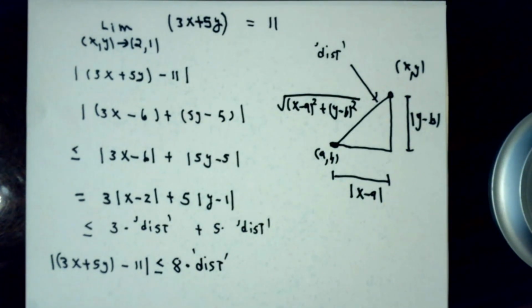So if someone were to give me an epsilon that was bigger than 0, and ask, can I produce a delta that's bigger than 0, so that if the 2 points are closer together than delta, it produces absolute f(x, y) minus L less than epsilon, my answer is going to be yes. How small do I have to make the distance in order to guarantee that this number is no more than epsilon, less than epsilon in fact?